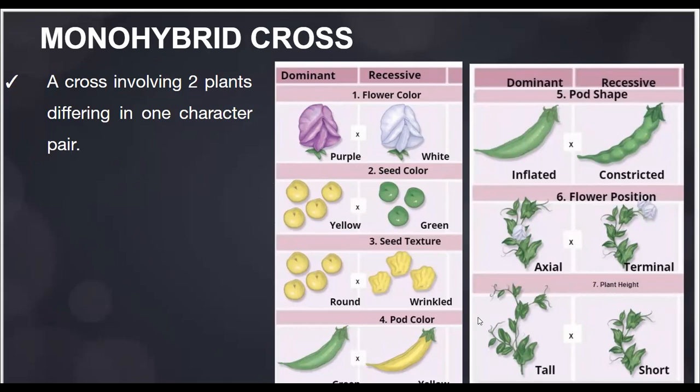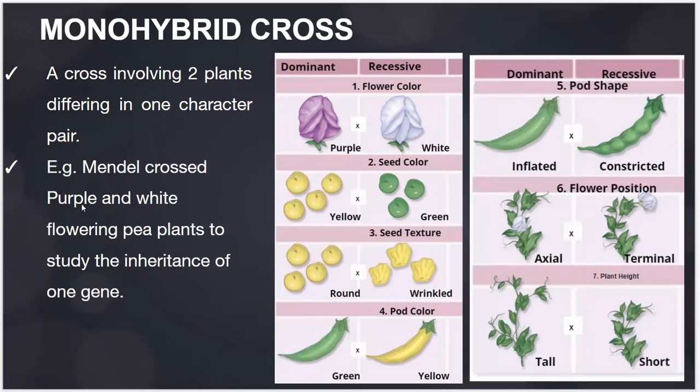You can't take one plant having purple flowers and another having round seeds, because they fall under different categories. You have to have dominant and recessive characters. For example, Mendel crossed purple and white flowering pea plants to study the inheritance of one gene. At a time, you can study only the inheritance of one gene.